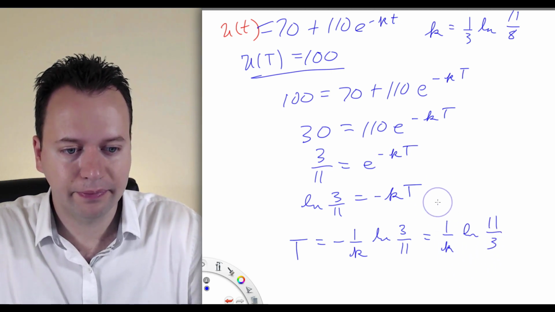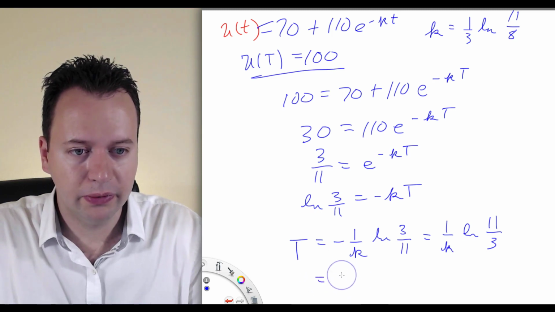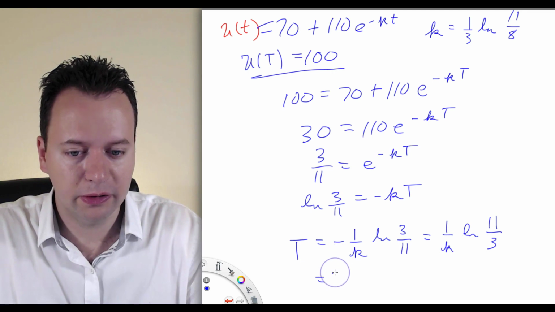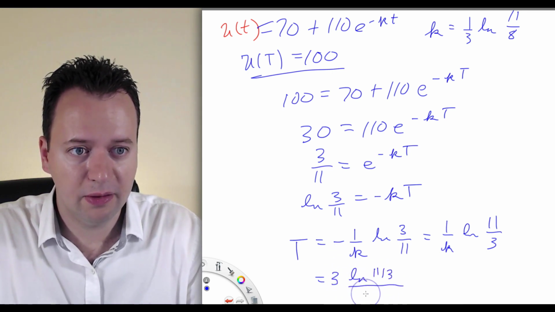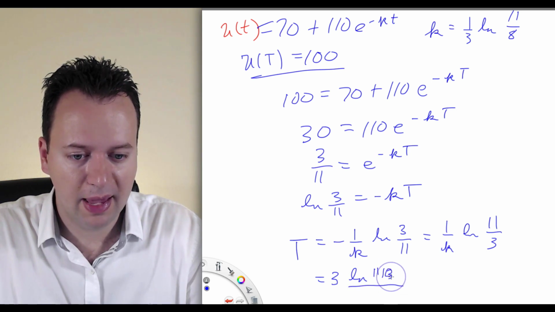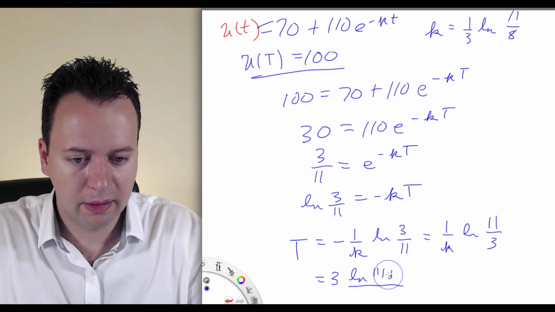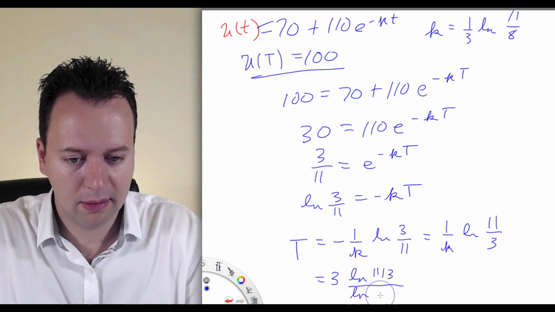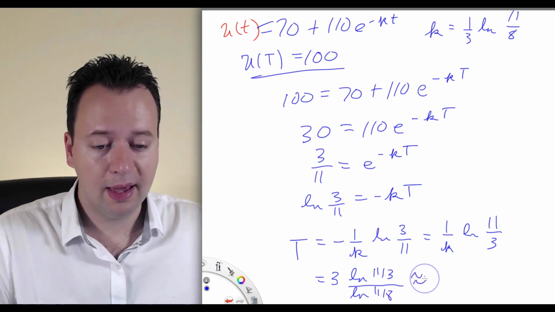Now, that's equal to, so 1 over k is going to be 1/3, so we get 3 ln of 11 over 3 divided by 11 over 8, no, 11 over 3 divided by ln of 11 over 8. And let's see what we get.